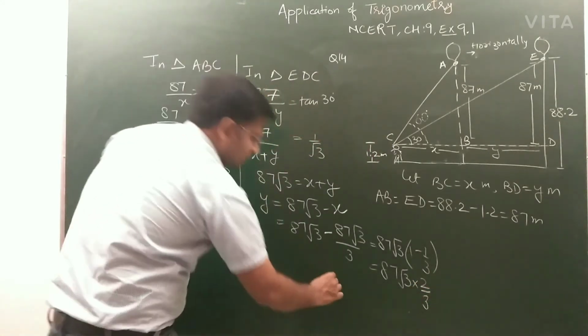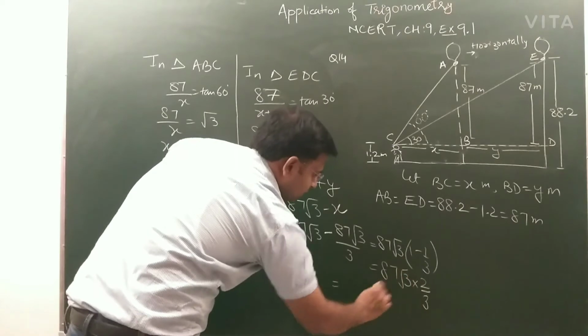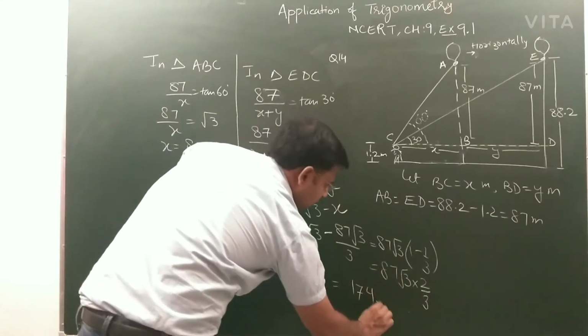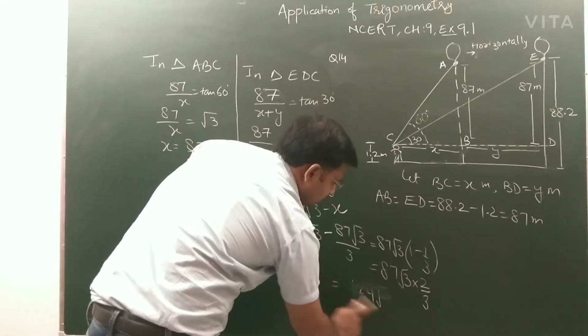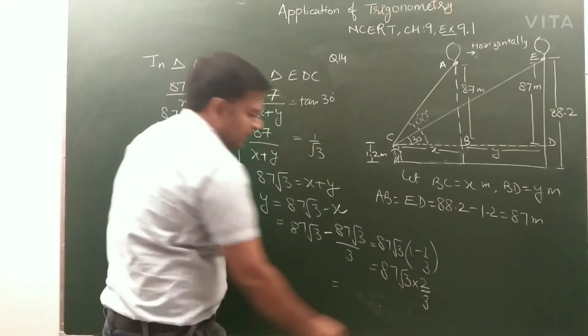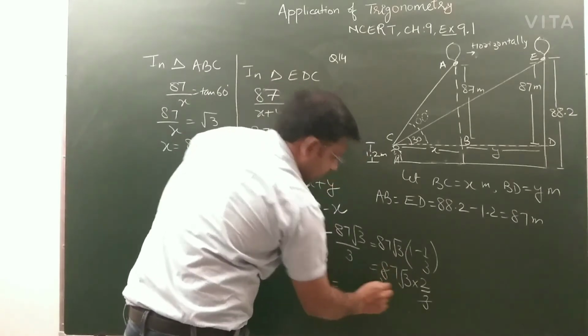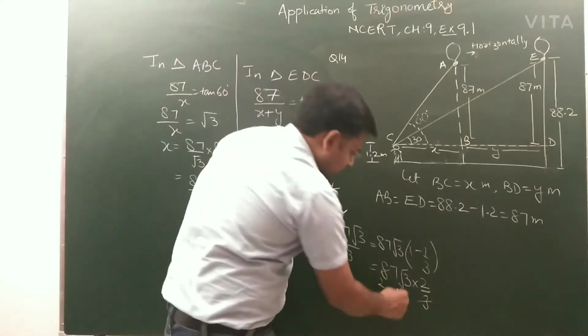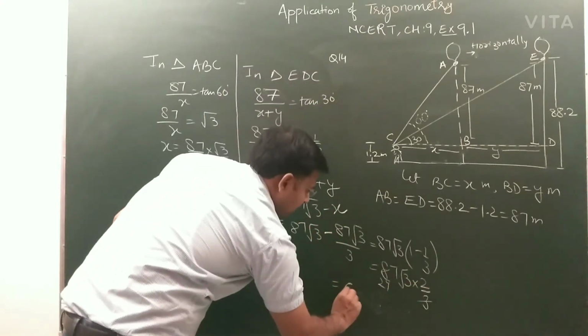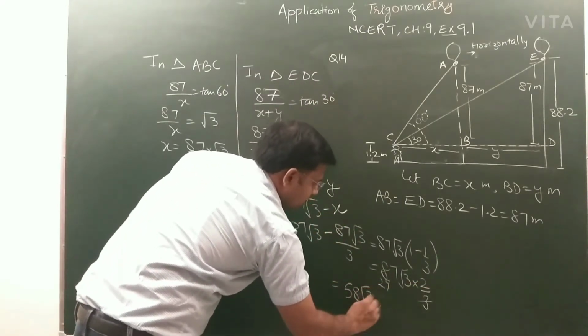So now you can just simply multiply. 7 twos are 14, 4, carry 1, 16, 17, 174 root 3, or you can simplify here also: 3 sixes are 18, 3 nines are 27, so 29. This is 58 root 3 meter.